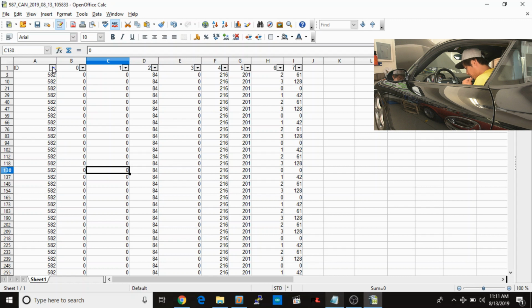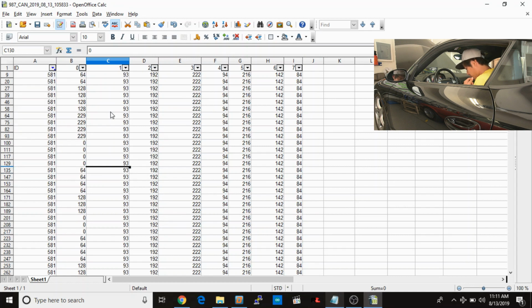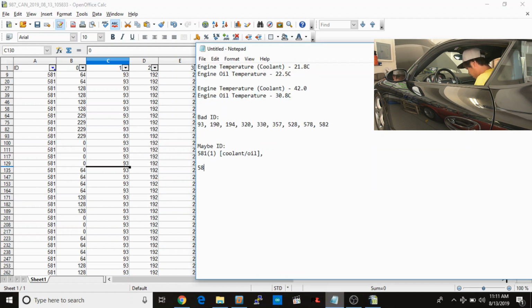I'm going to look quickly at 581 one more time, at position 1. Okay, I'm looking at this byte value of 93, and I'll write it right here, 581.